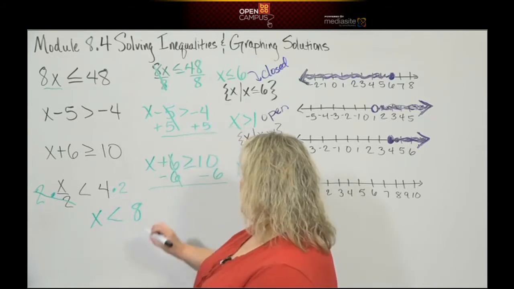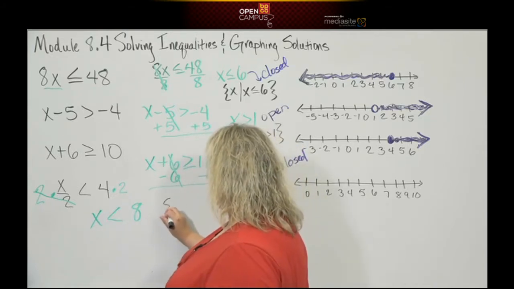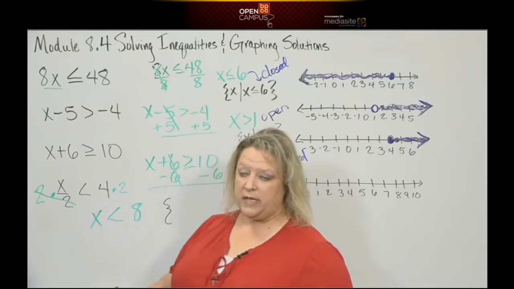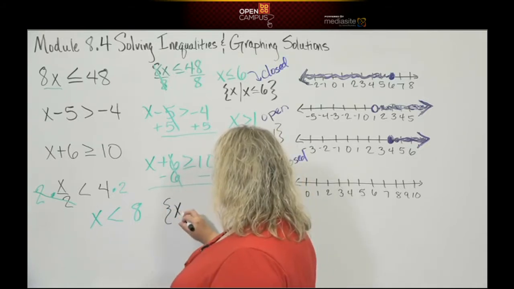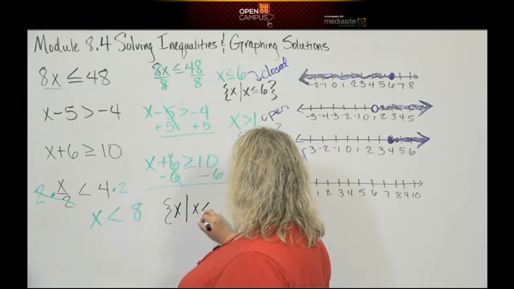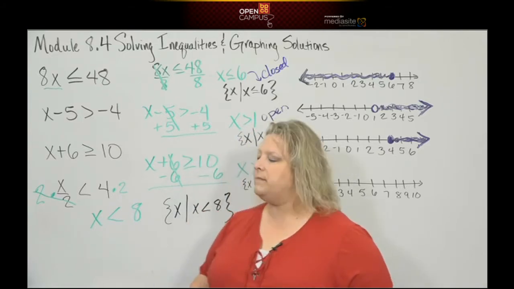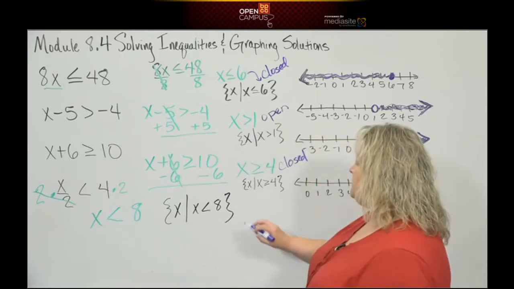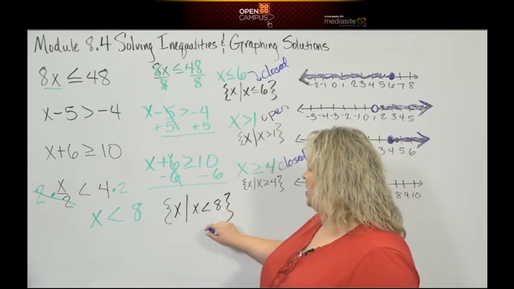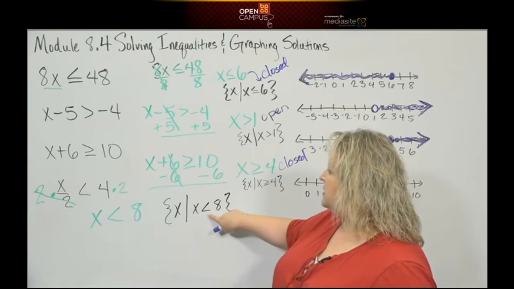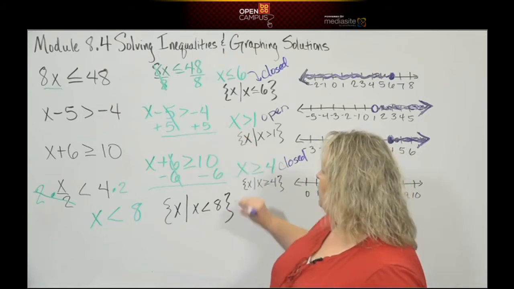So if I was going to write this in set builder notation, I would write my little braces, or my squiggles as I call them, set of all x such that x is less than 8. And then you always close your set, close your little squiggles. All right, so now this one, there's no line under here, which means it's not equal to, so it's like the second one we did.